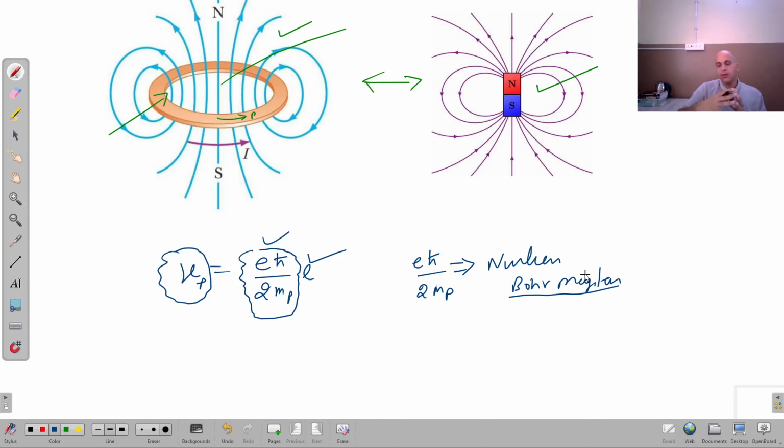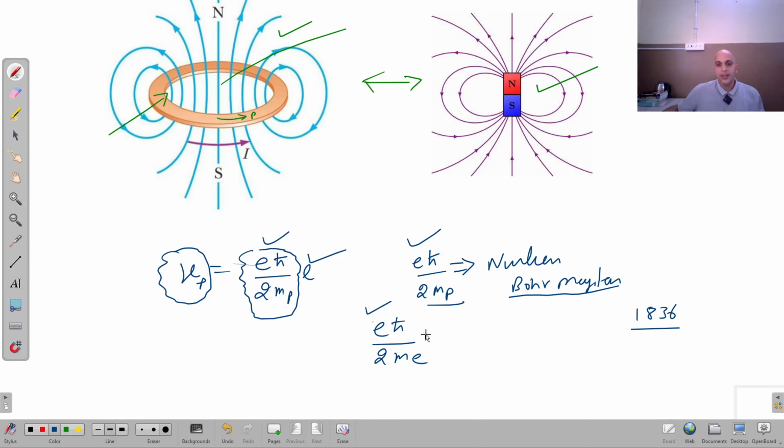I have already discussed in my previous lectures that we have two types of Bohr magnetons. One is the electronic Bohr magneton, that is E h cut upon 2me, and this is the nuclear Bohr magneton. The difference is the mass of electron and mass of proton, and as the mass of electron is smaller compared to the mass of proton, around 1836 times, obviously this is a small quantity compared to this.